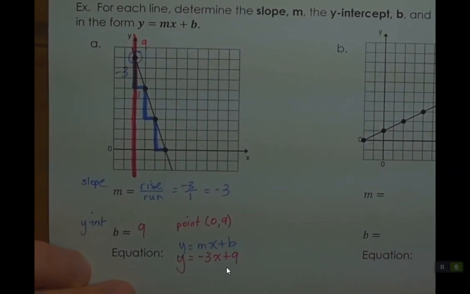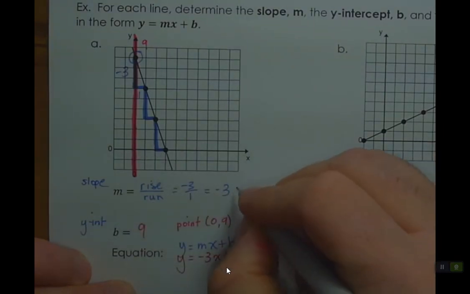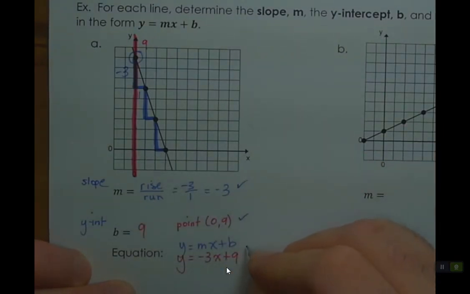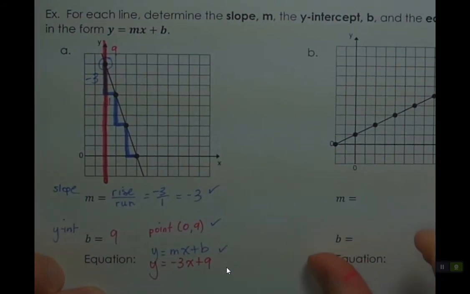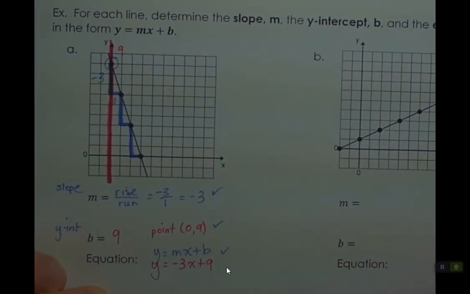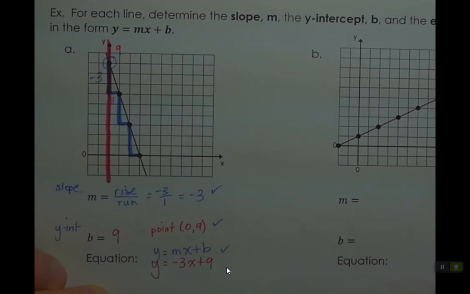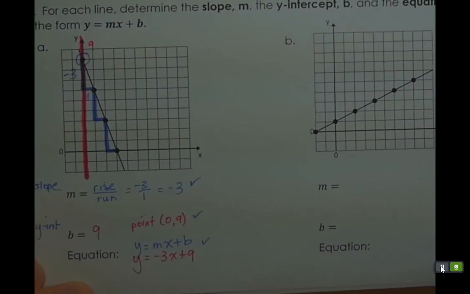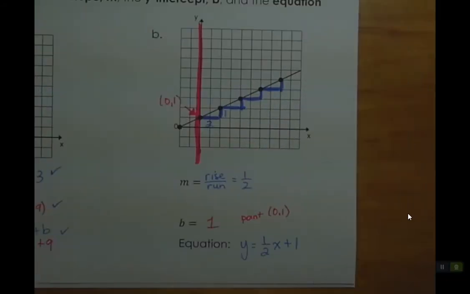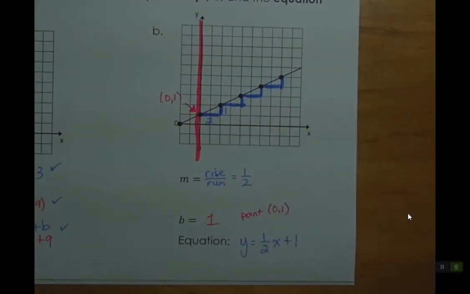So what I would like you to try now is try the same thinking here. Find your slope, find your y-intercept, write your equation for the graph on B, push pause, and then come back and you can check your answer. So try it for B. So hopefully you got that answer of 1/2 x plus 1. And what I did is find your rise and run.